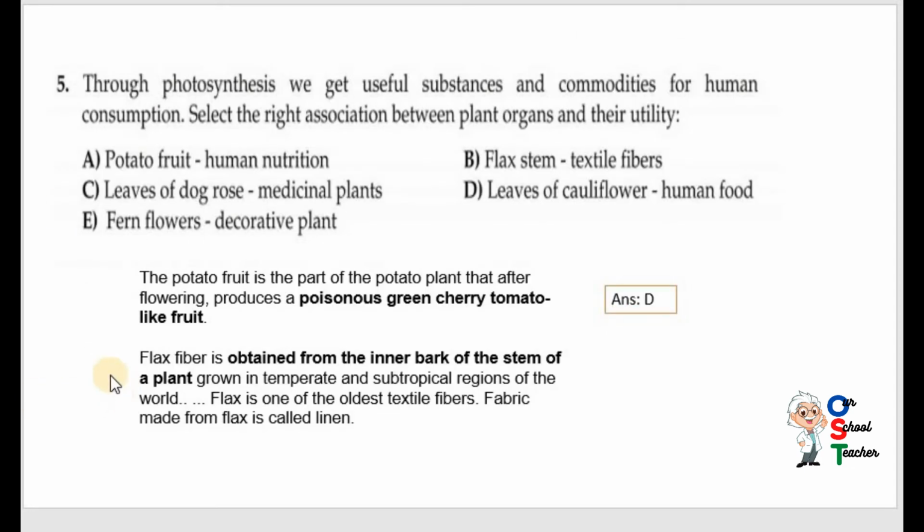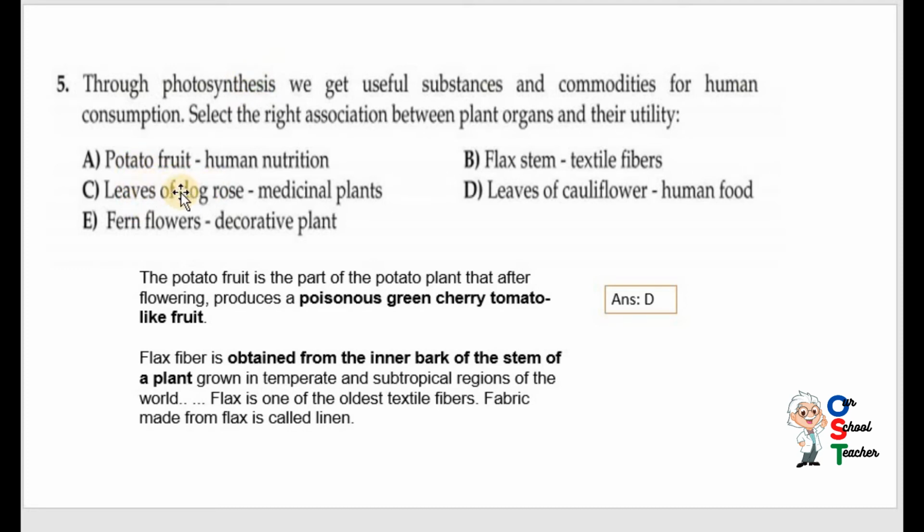Now move on to question number 5. Through photosynthesis, we get useful substances and commodities for human consumption. We need to eat what is produced by plants, so they are known as commodities. Select the right association between the plant organ and their utility. Potato, fruit. Actually, photosynthesis occurs in leaves.